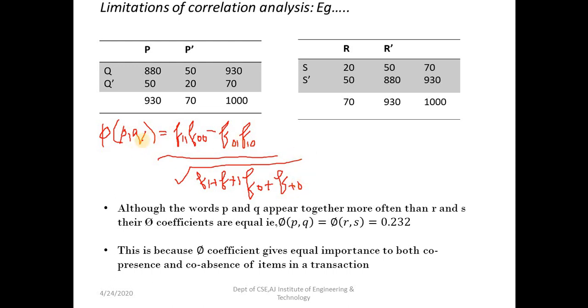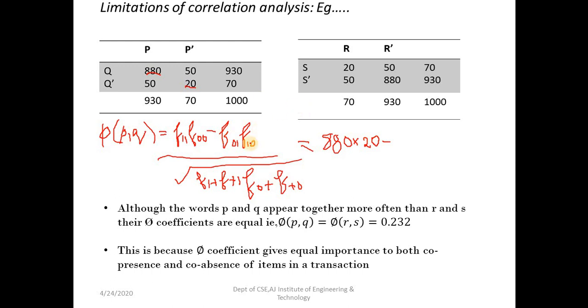So correlation analysis for P, Q. Here f11 is 880, so 880 into f00 is 20. Please forgive my bad handwriting over here.